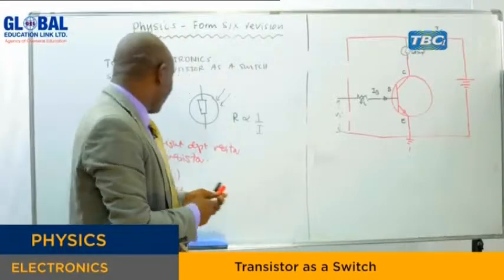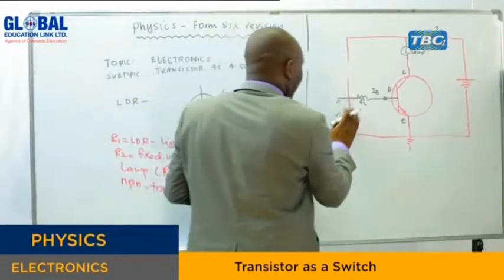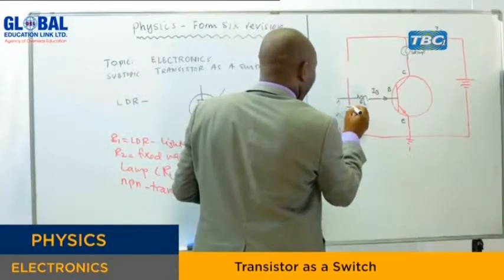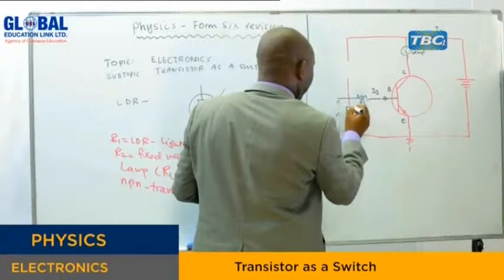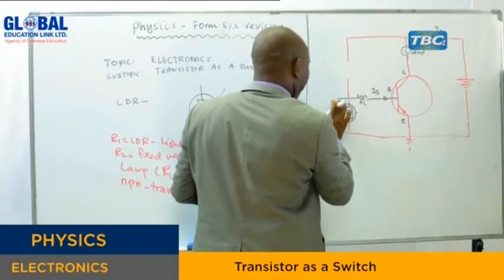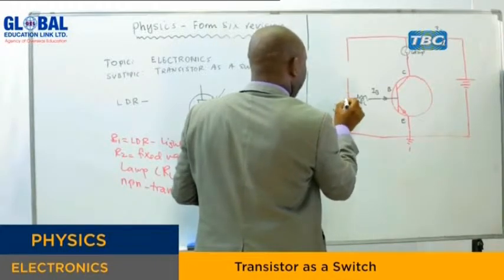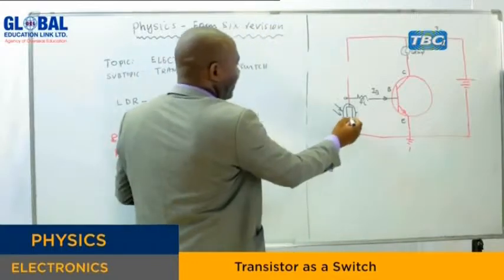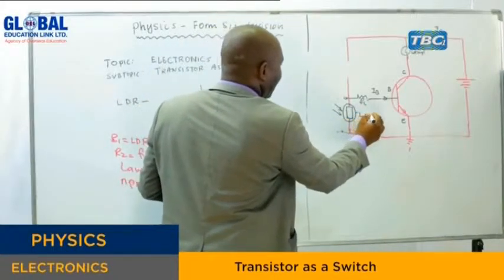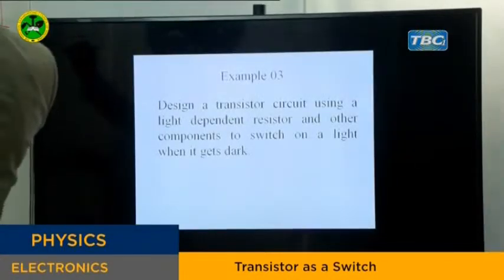Now, where do you connect this light-dependent resistor? Let's check if it is supposed to be here, at the base. This is our light-dependent resistor, LDR, and that's where you fix it.